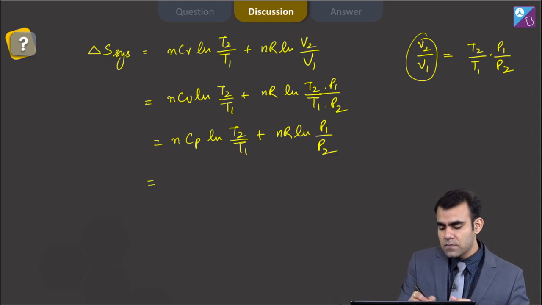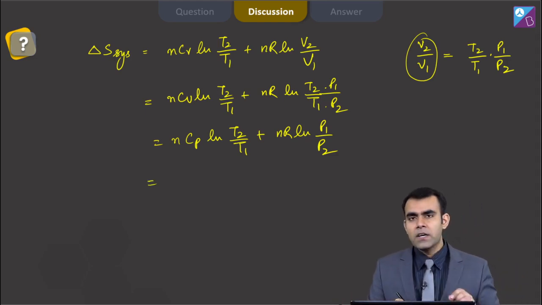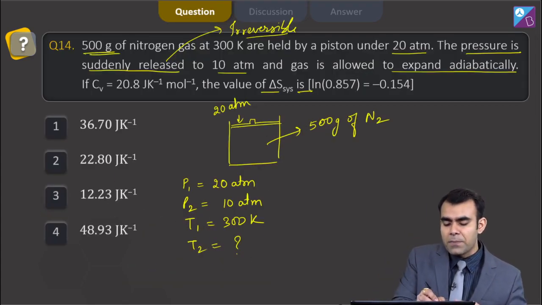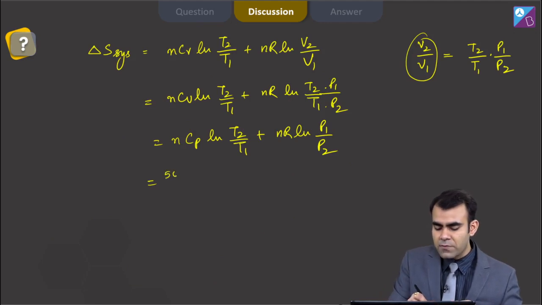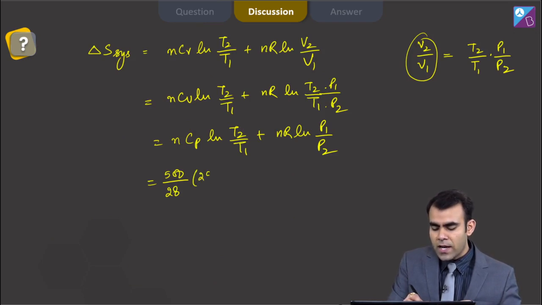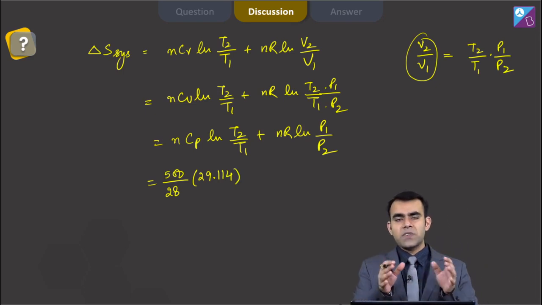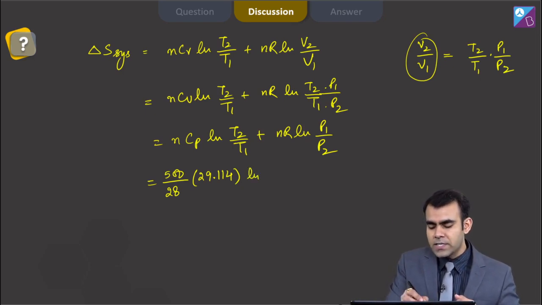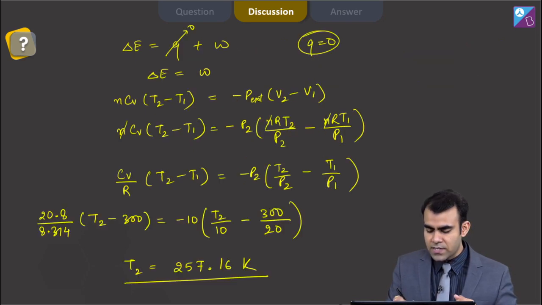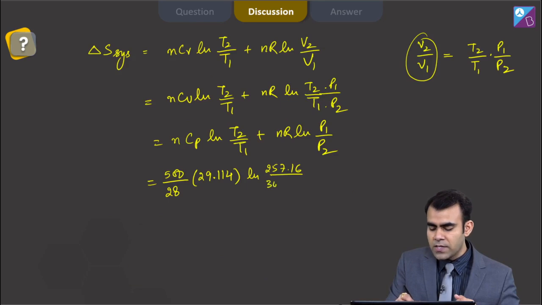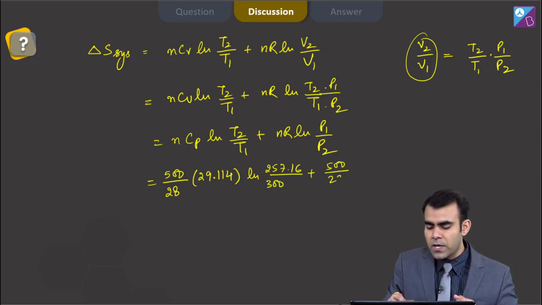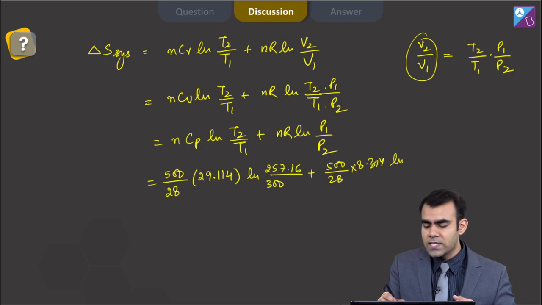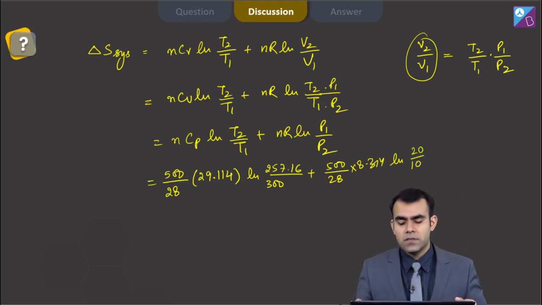For n, we have been given the mass of nitrogen, 500 grams, so n is 500 divided by 28, the molar mass of nitrogen. Cp is Cv plus R, which is 20.8 plus 8.314, giving 29.114. So we have 29.114 ln(257.16 by 300), which is T2 by T1, plus 500 divided by 28 times 8.314 times ln(20 by 10), which is P1 by P2.